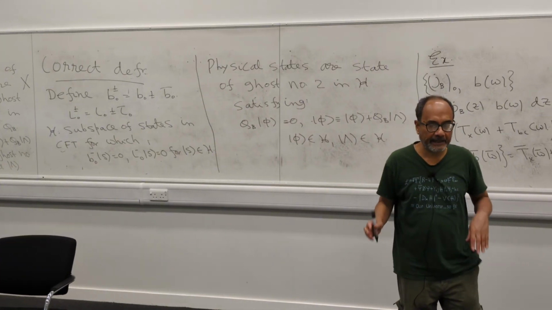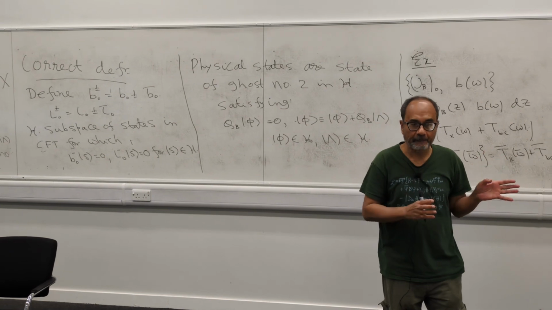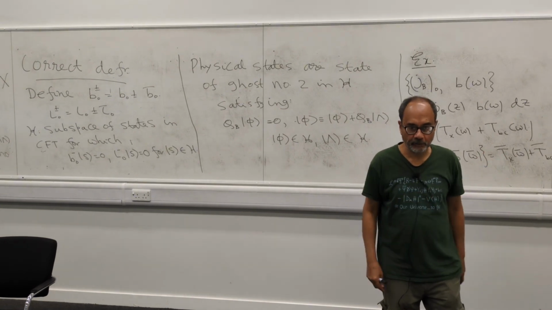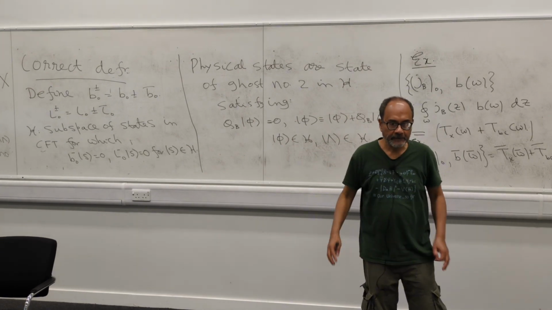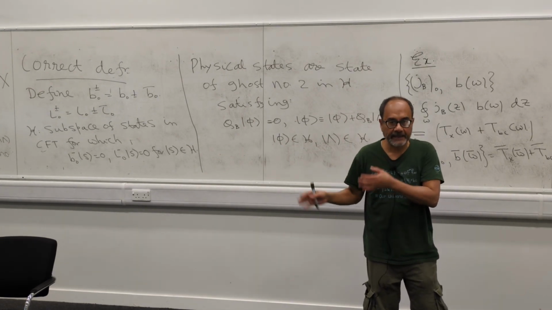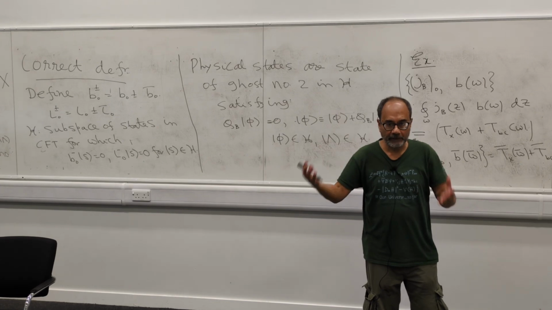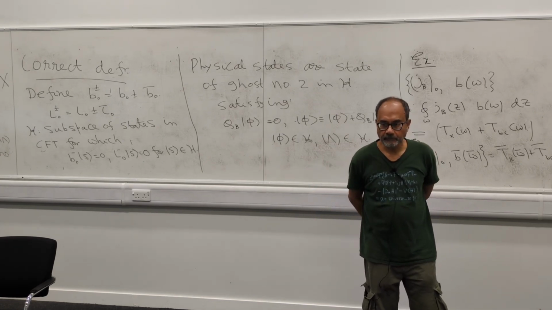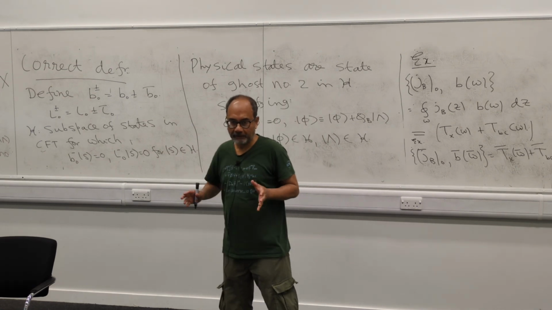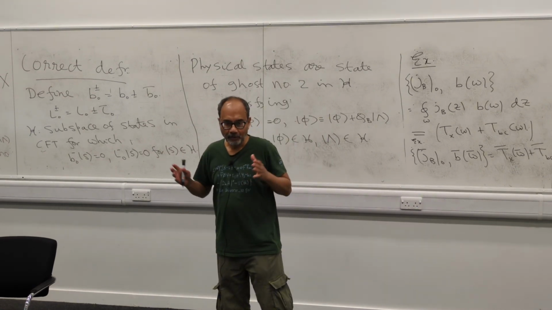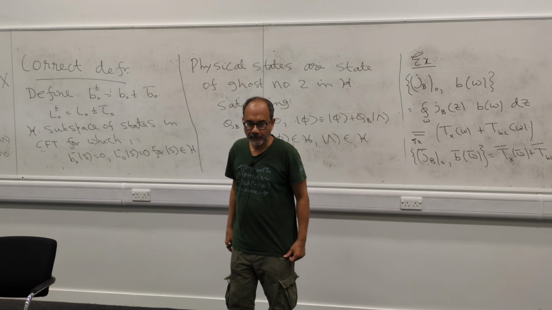That will come when I describe how to calculate scattering amplitudes. Scattering amplitudes are not just correlation functions of these vertex operators; they are correlation functions of these vertex operators and something else integrated over the moduli space. But that is the main goal of this lecture, to define what you have to compute to calculate the scattering amplitude.